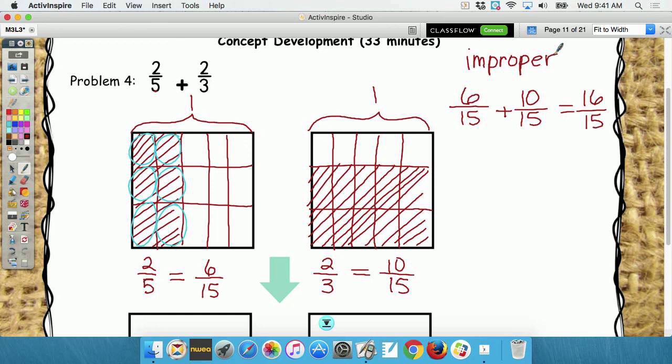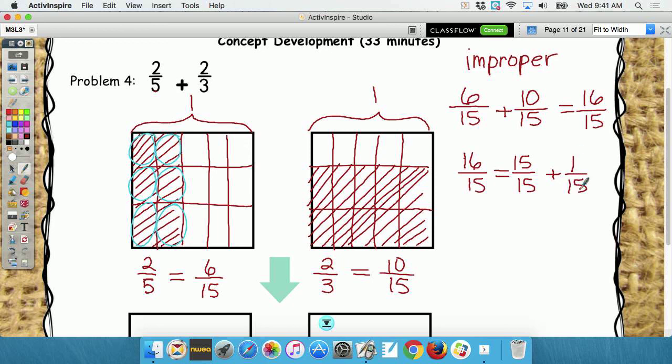All right, so now I'm going to take 16/15 and use the strategy we learned yesterday, or maybe it was the day before, on the back of the problem set. So 16/15 is equal to 1 whole. What would 1 whole be? 15/15 plus, how many are left over after that? 1/15.